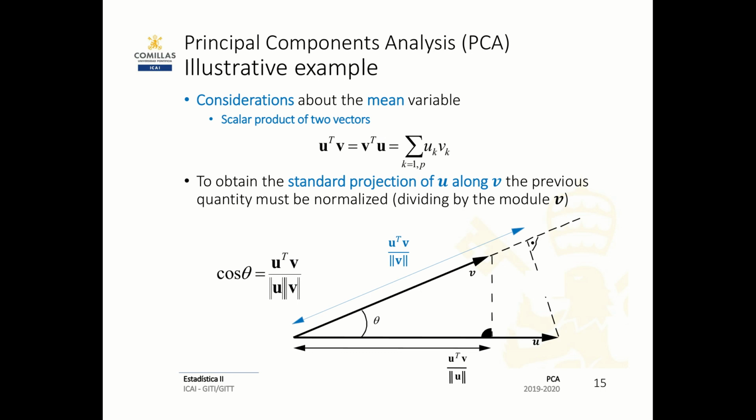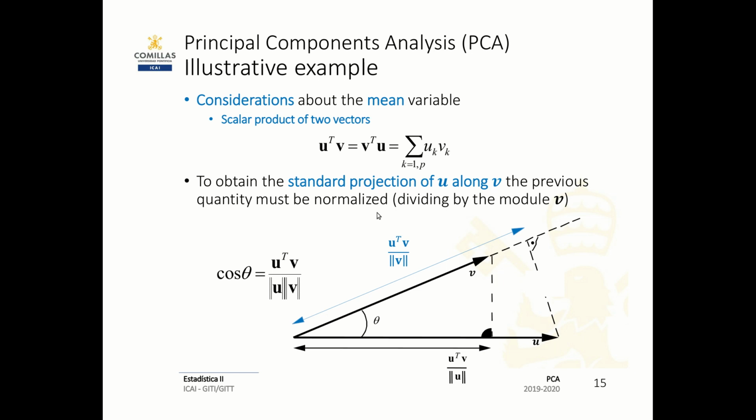Then we can go further in this idea of projections. For that we need to define the scalar product between two vectors. The scalar product between u and v is defined as in the standard Euclidean dot product. It is u transpose v, and u dot product v is the same as v dot product u. It is the addition of all the component-wise multiplications.